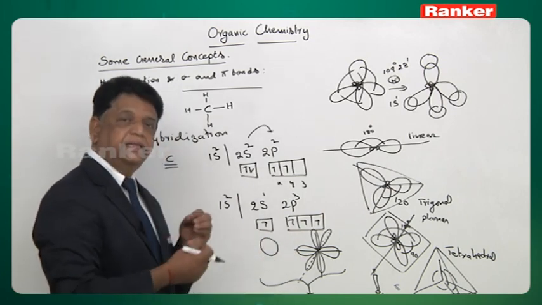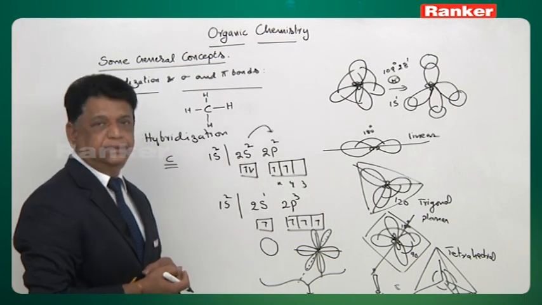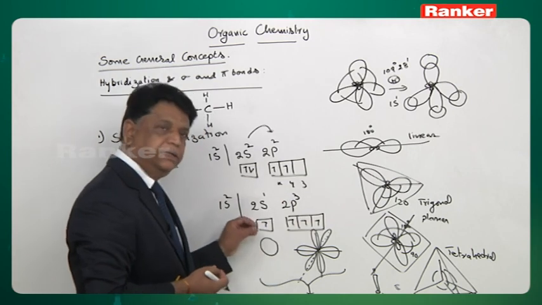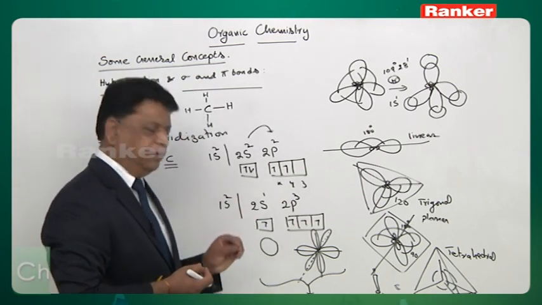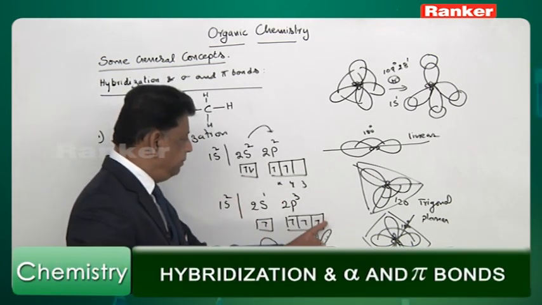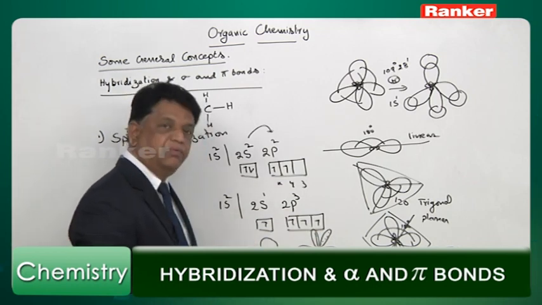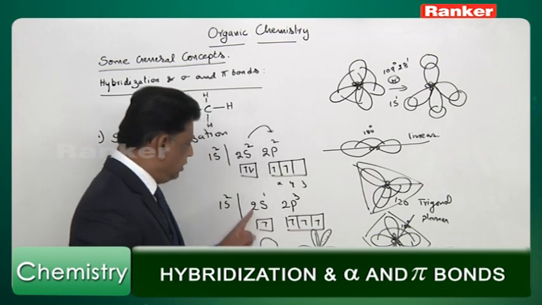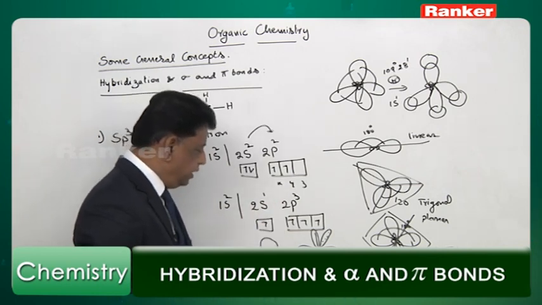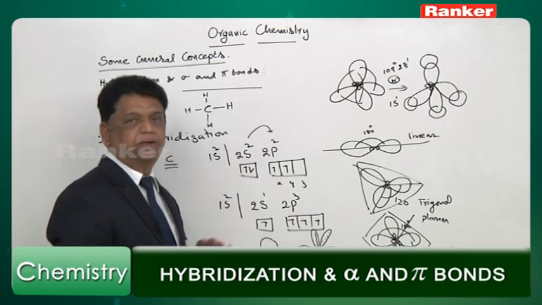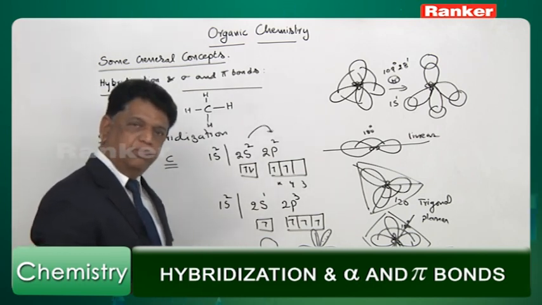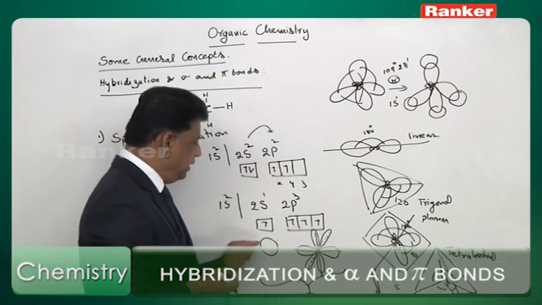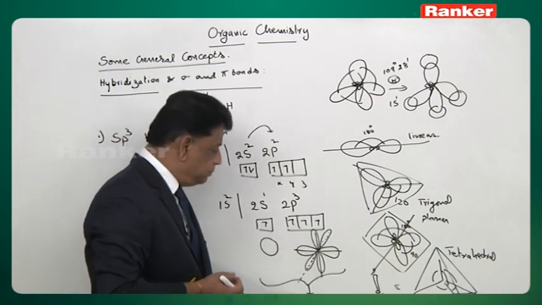So, therefore, a theory is proposed called hybridization theory, in which before bond formation they will merge into identical types of four. How many are participating? Four. So, an equal number of hybrid orbitals are formed. The name of the hybrid orbitals is also one s, three p, therefore sp3 hybrid orbitals are formed. How many are formed? Four. All will be identical, being neither spherical nor dumbbell, but spherically dumbbell.